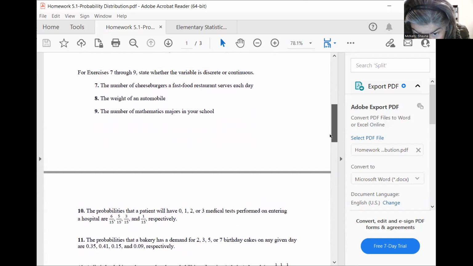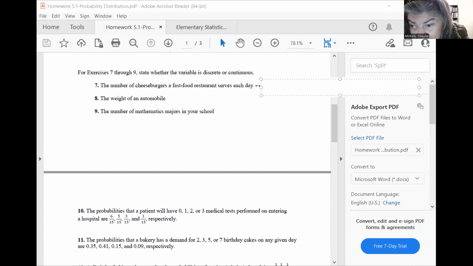We're classifying whether the variable is discrete or continuous. Okay. The number of cheeseburgers a fast food restaurant serves each day. Well, can I count those? Now, there's a difference between can I count them and do I know what the number is? Sometimes students ask me, well, I don't know what the number is, so wouldn't it be continuous? Or they cook them every day, so wouldn't it be continuous?